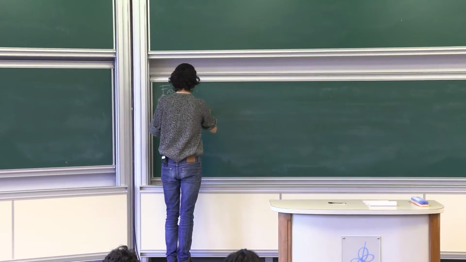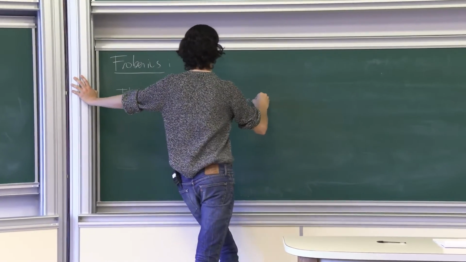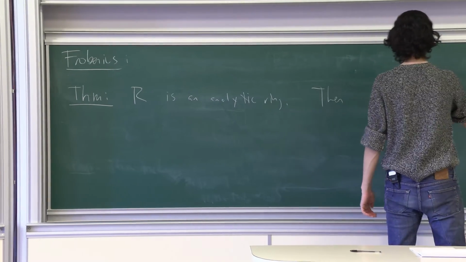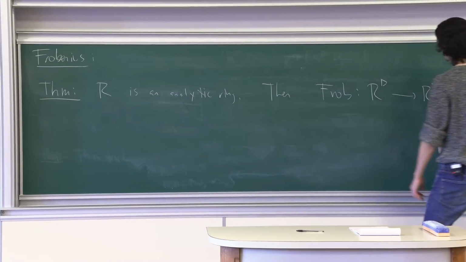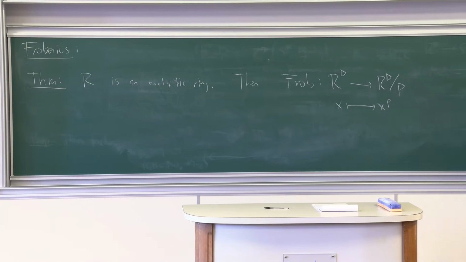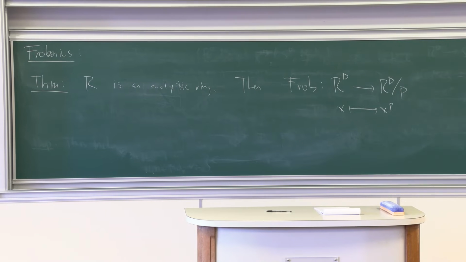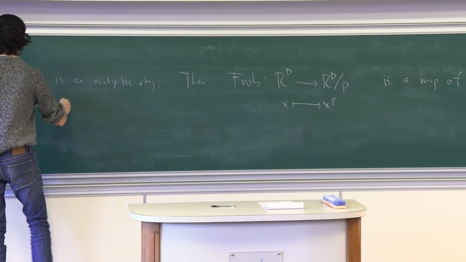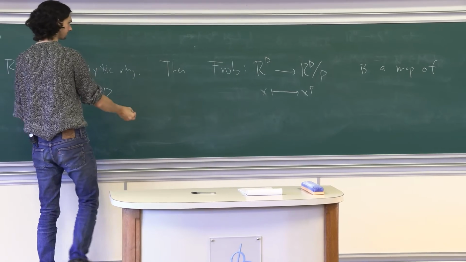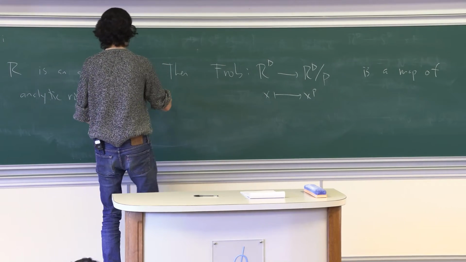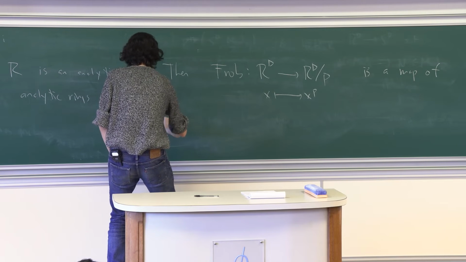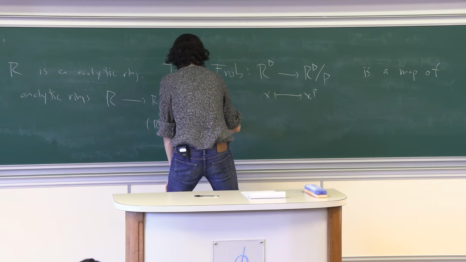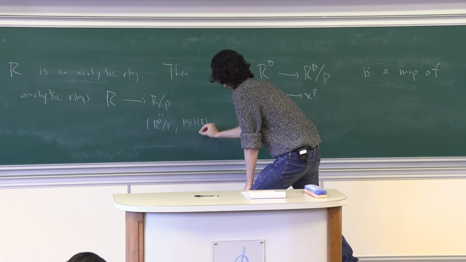So suppose R is an analytic ring. Then the Frobenius map, which goes from R triangle to R triangle modulo P, induced by X goes to X to the P. That's certainly a map of condensed rings, but this is actually a map of analytic rings, from R to R hat mod P, by which I mean the P torsion elements.